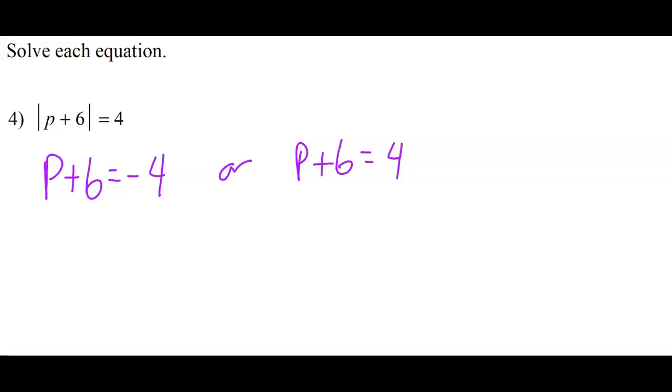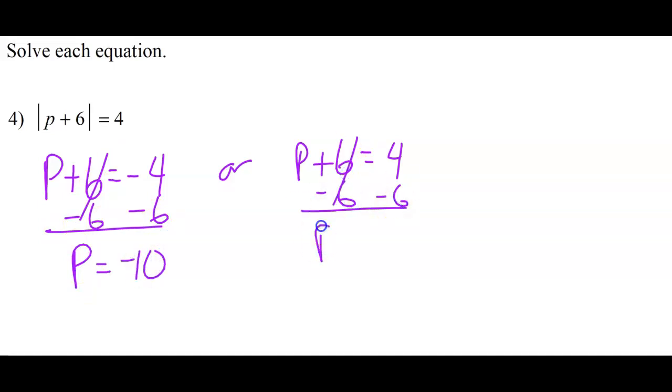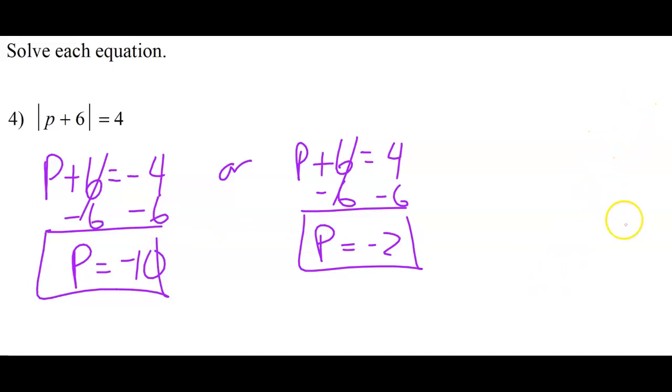So we start right away by writing two equations because there were no numbers outside the absolute value bars to get rid of. Now that we have two equations, we're going to solve both of them. For this one, I get negative 10. And for this one, I get negative 2. All right, so there would be our two solutions for number 4.